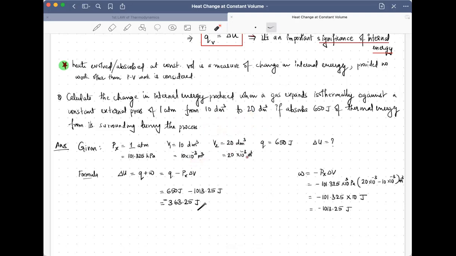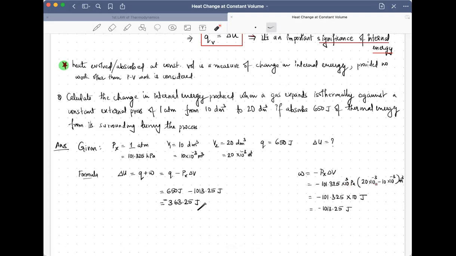Similarly, 20 into 10 to the power of -3 meter cube. We substitute these values here. Delta V is basically V2 minus V1. To remove the kilo from kilopascal, we simply multiply by 1000, so 10 to the power of 3 here.